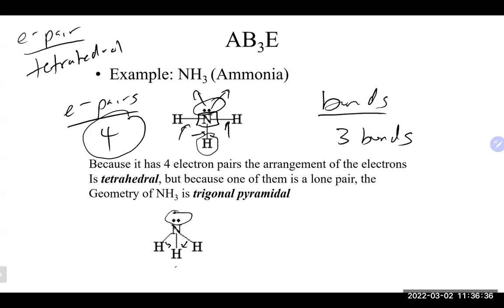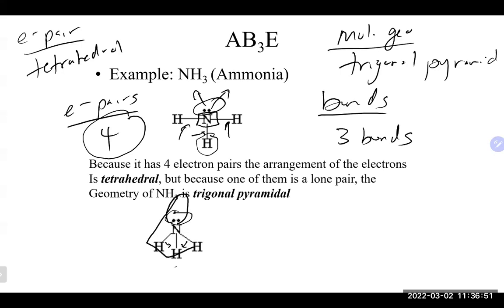And what ends up happening is we get a molecular geometry known as trigonal pyramid, because it makes a triangle with a pyramid shape at the bottom here.